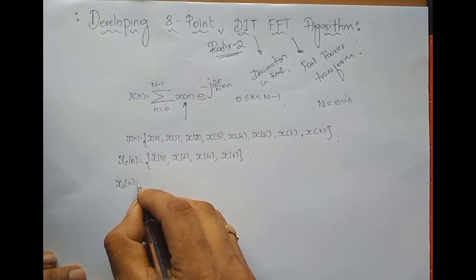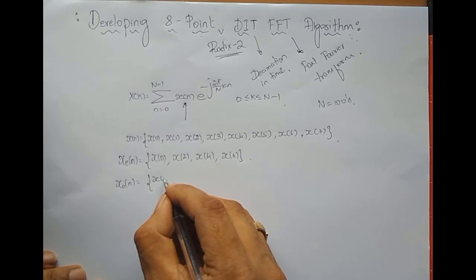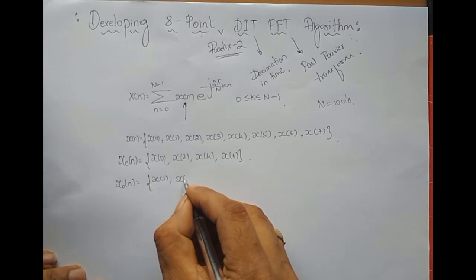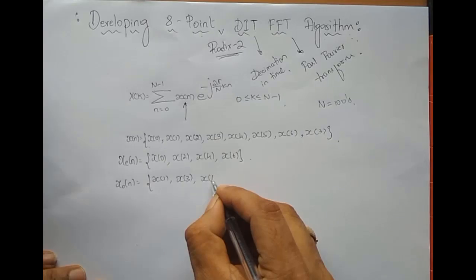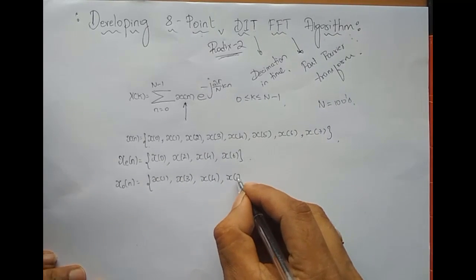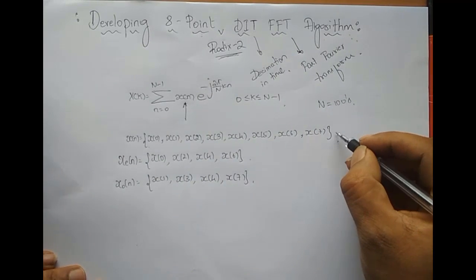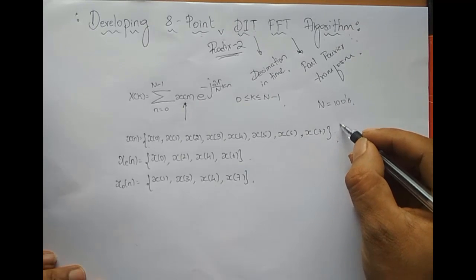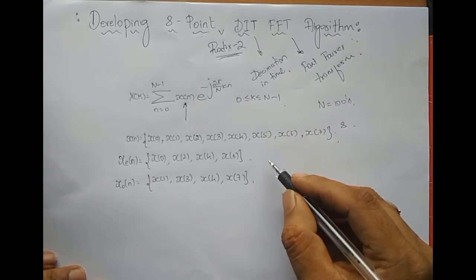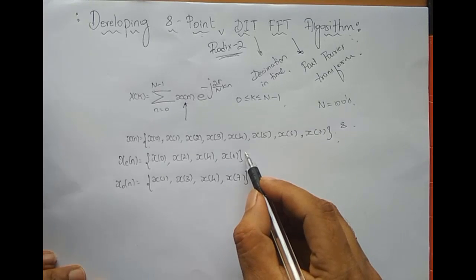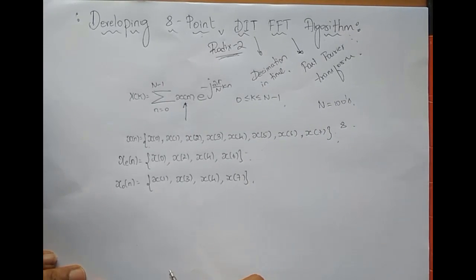And what are the odd indexed samples? x of 1, x of 3, x of 5, and x of 7. So I'm going to decimate the input sequence, which is of length 8, into two sequences of length 4. The first is the even index sequence and the second is the odd index sequence.